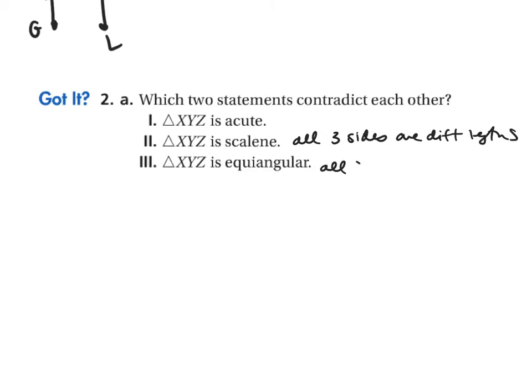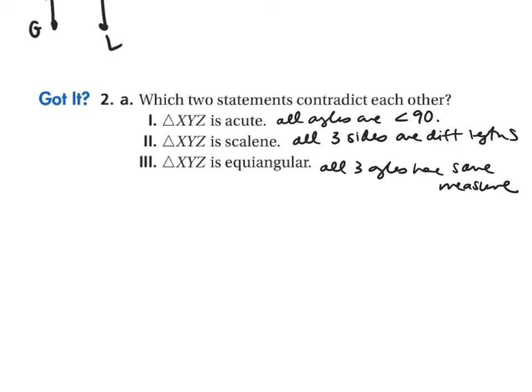Equiangular is all three angles have the same measure. And acute means that all angles are less than 90. Okay, so try to figure out which of these two cannot be true at the same time. And then check back for your solution.